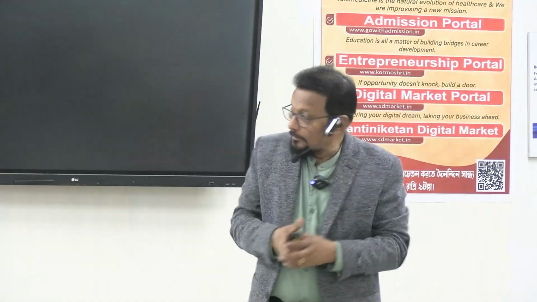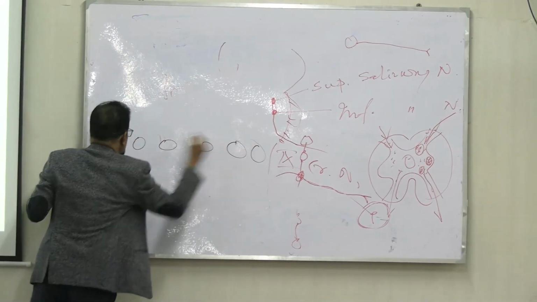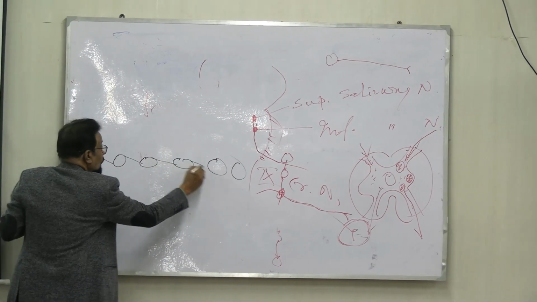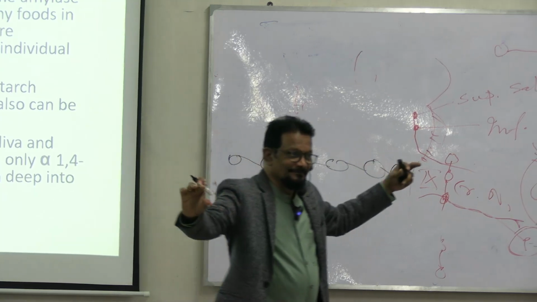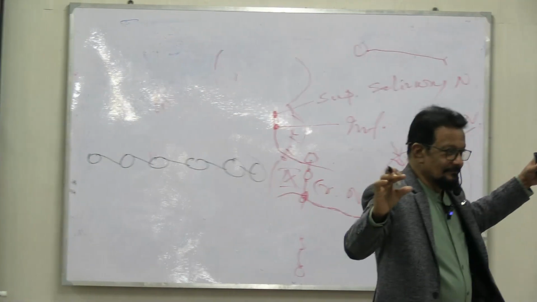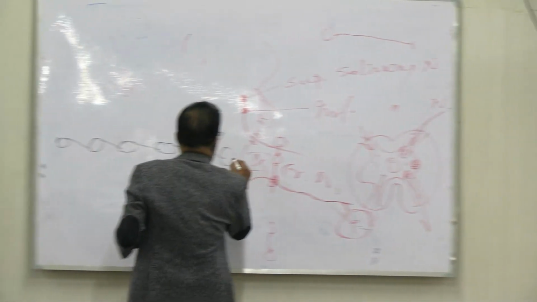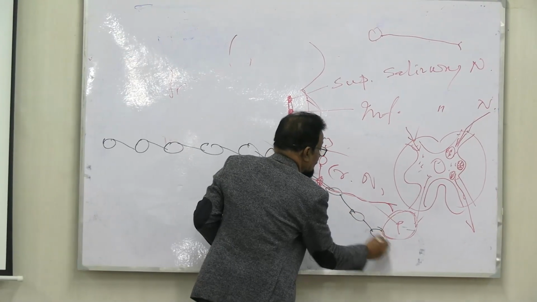Now, glucose units linked by 1,4 glycosidic linkages. How many glucose units is it having?